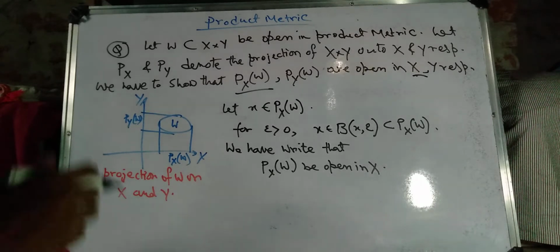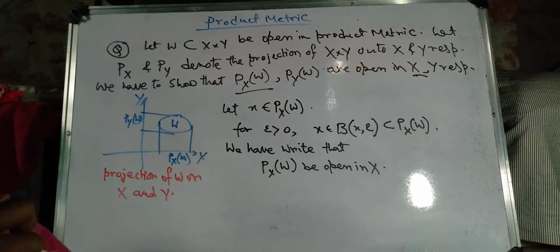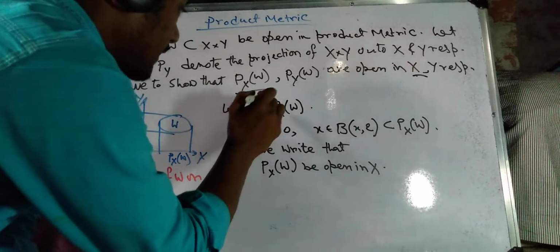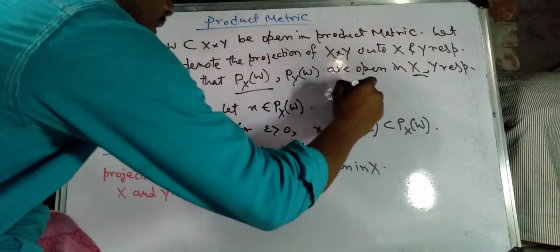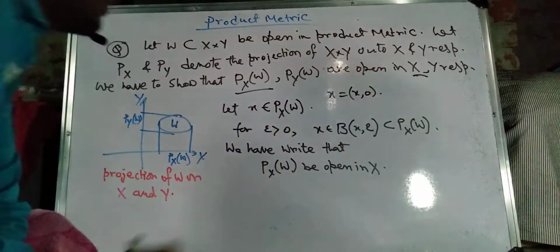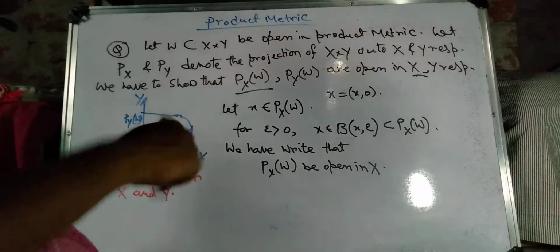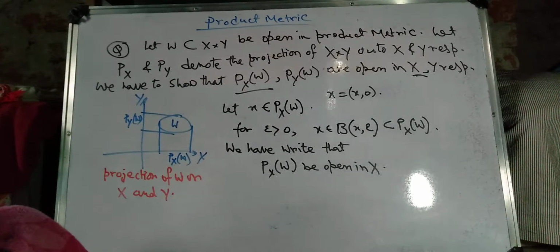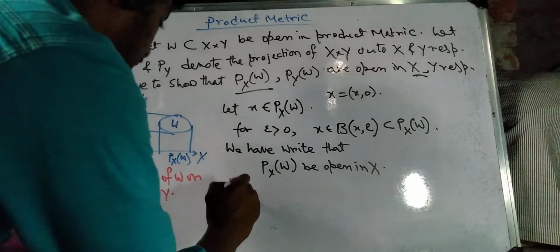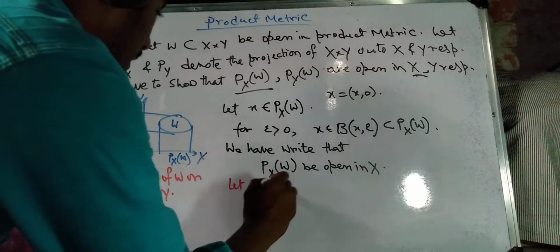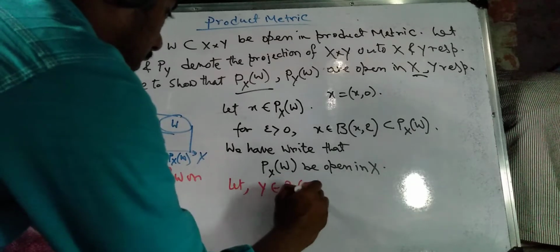That means here the y coordinate is 0. Write it, x equal to x_0, y coordinate is 0. And in a similar way, let y belong to p_y(W).